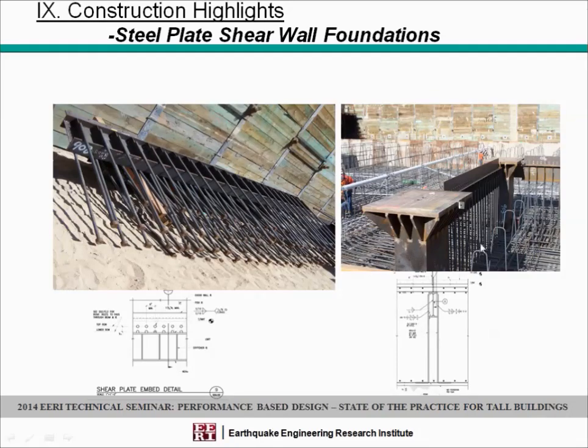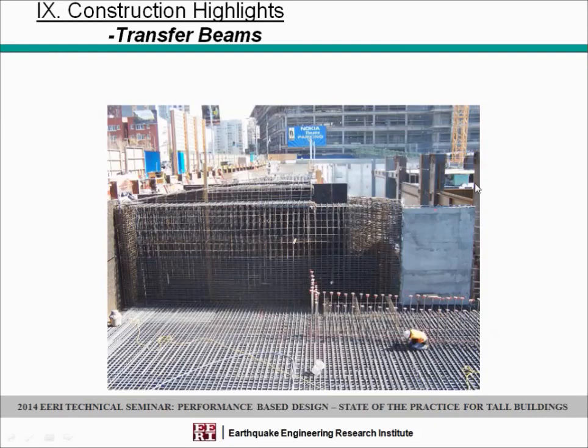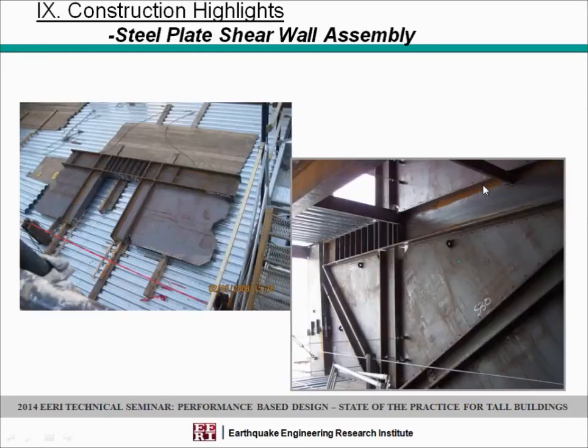And how we developed the base connection and dialed it into the mat, and also had the start-up first component of the plate above so the next tier of it can be welded to it. This is a major transfer beam just above the mat for the column transitions. This is how it came assembled.